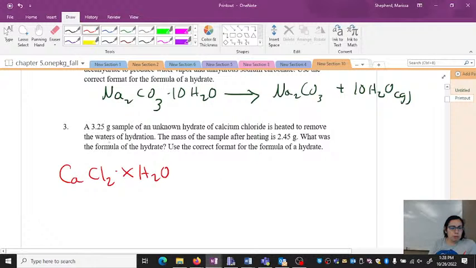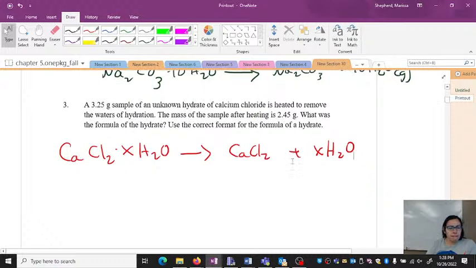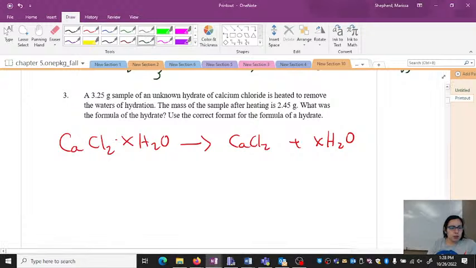It's heated to remove the waters of hydration, so we form calcium chloride plus X water molecules. We started with 3.25 grams of this, and the mass of the sample after heating is 2.54 grams.